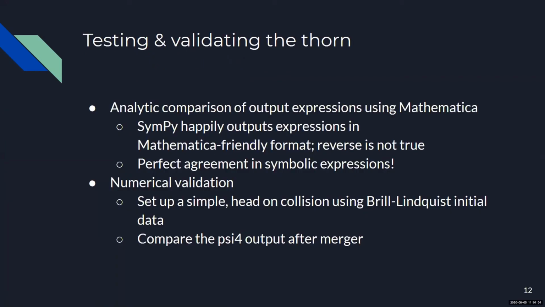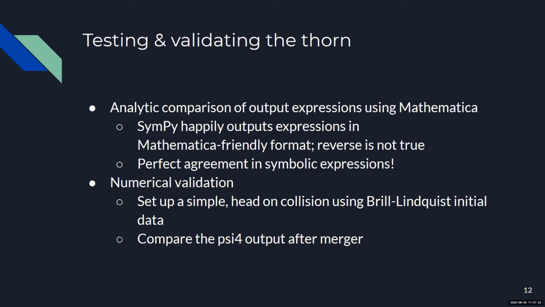So once we have output our Thorn, we of course need to validate the expressions and test it, make sure everything works right. So we did two tests with this to make sure everything was running as we wanted. The first we did was an analytic comparison of the two expressions. We did this using Mathematica because SymPy has built-in utilities to output the expressions in a Mathematica format, while the reverse isn't really true.